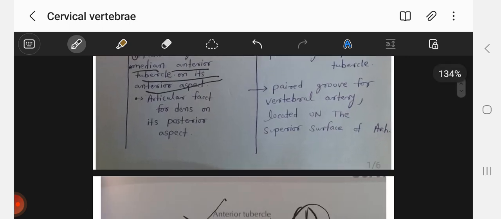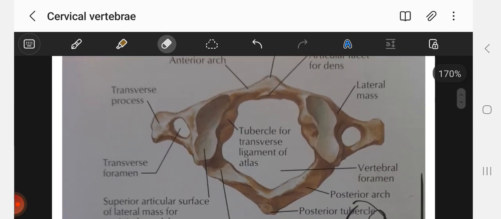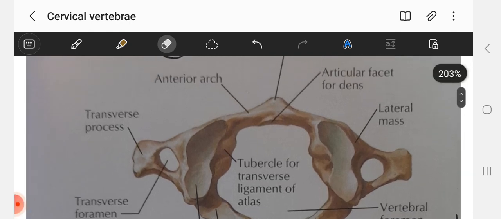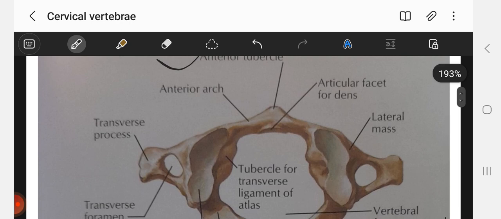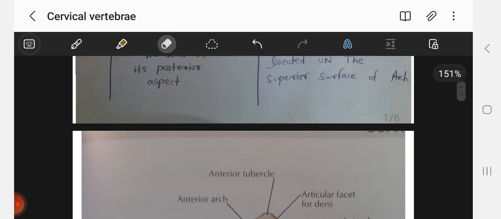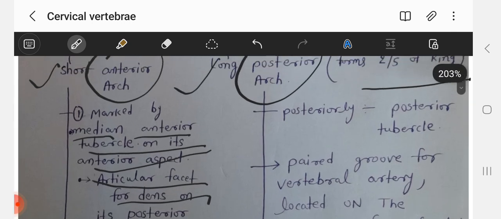If you look at the posterior aspect of the anterior arch, look here, this is the posterior aspect, and it consists of a facet, this facet you see, which is called the articular facet for the dens. Here I also wrote articular facet for the dens on its posterior aspect.